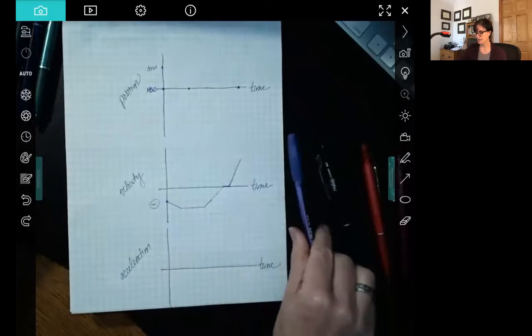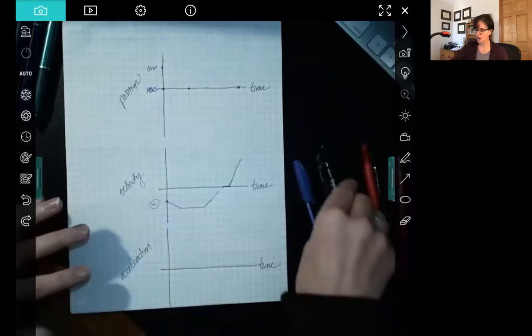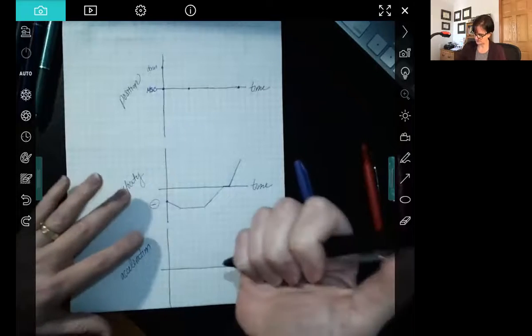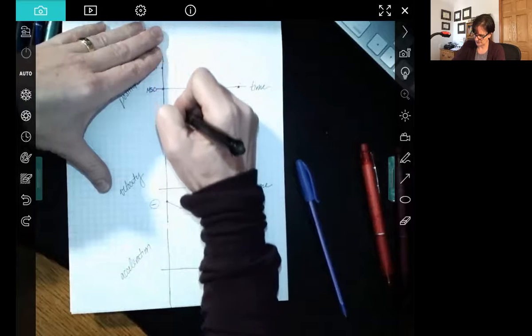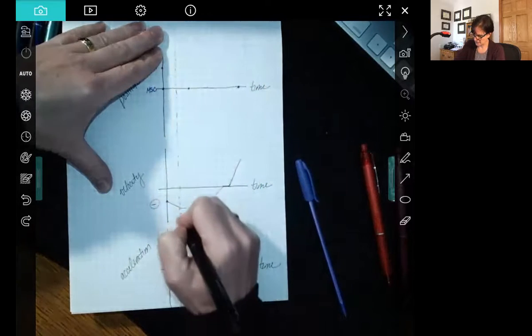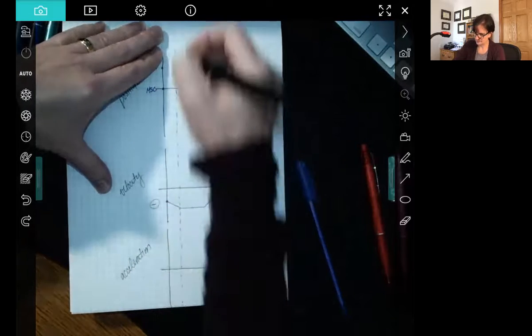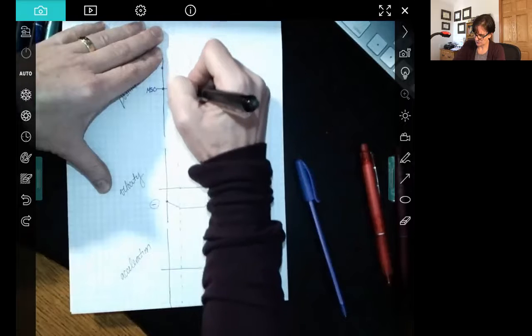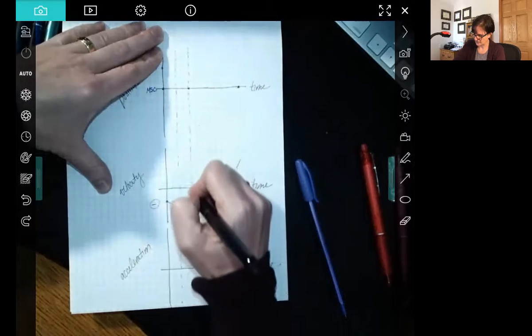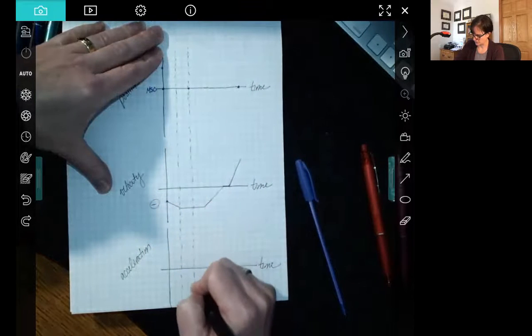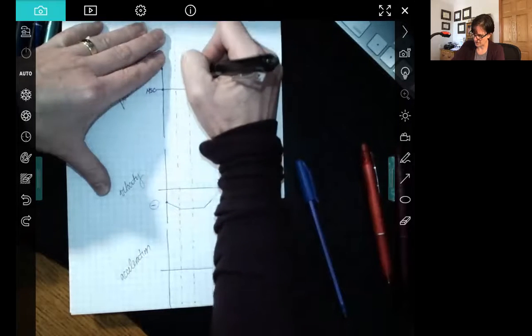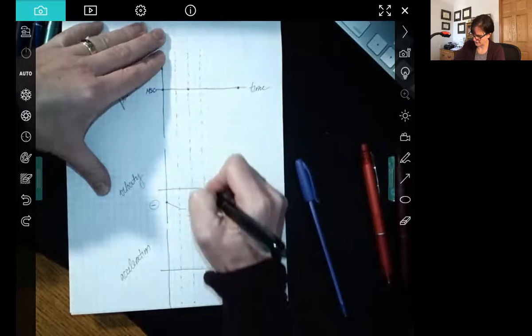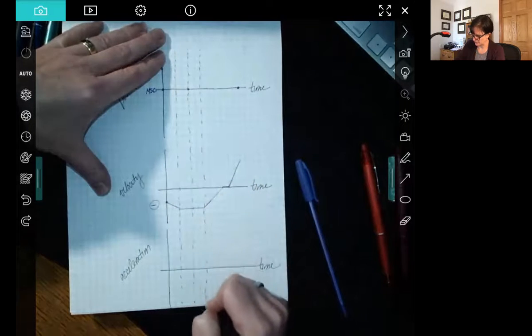Now, sometimes, and I like to do this, it helps to sort of chunk out the motion. So this is just another strategy. I'm going to just put some dashed lines in here. So during this time, I know I'm speeding up. During this next time, I know I'm going at a steady rate and I'm going to hit the MSC's location. I'm then going to continue at that steady rate and drive by the MSC. So that's sort of a continuation of that steady rate.